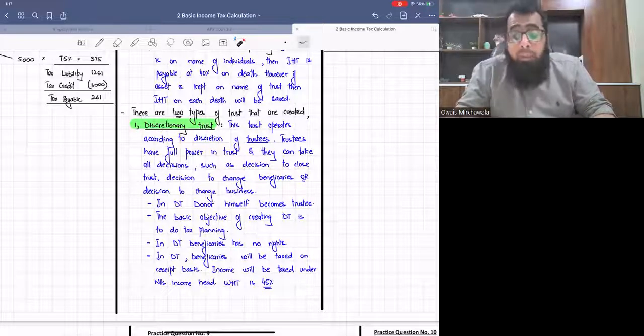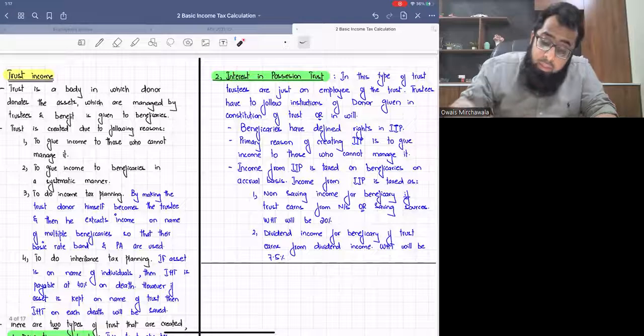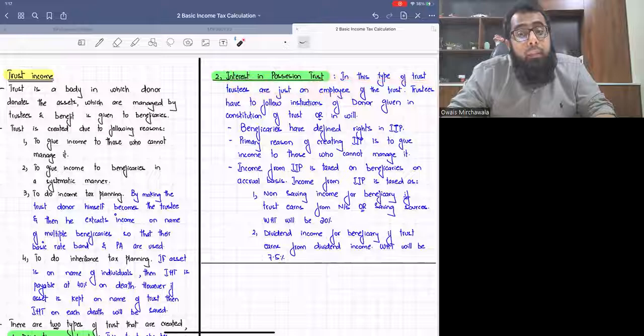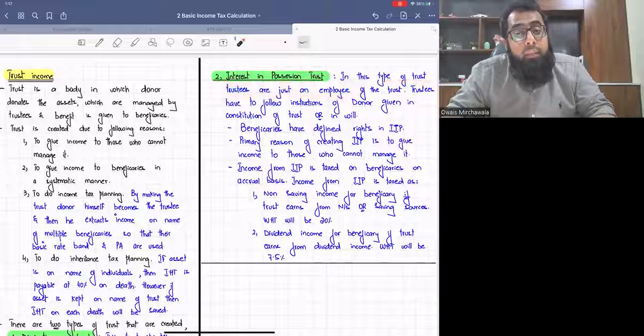The other type of trust is called interest in possession trust. Now, what is interest in possession trust? In this trust, trustees are just an employee of the trust.